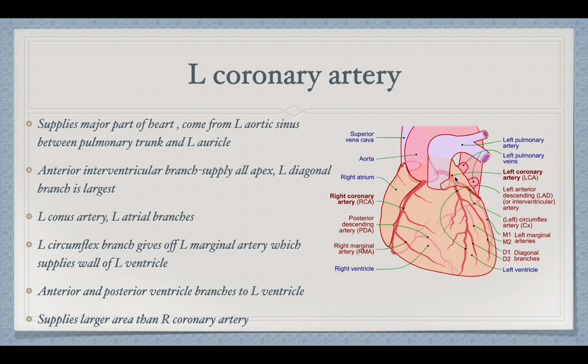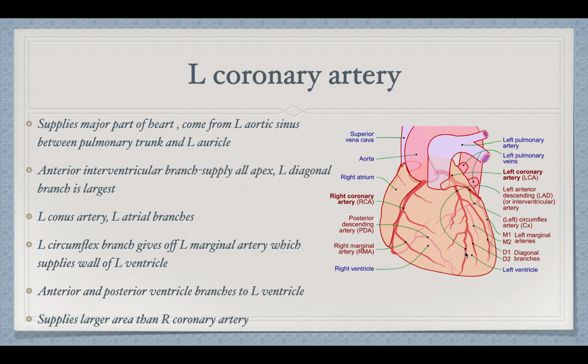The anterior interventricular branch supplies all of the apex of the heart, and its left diagonal branch, or left anterior descending branch, is going to be the largest branch. They also have the left conus artery along with the atrial branches.